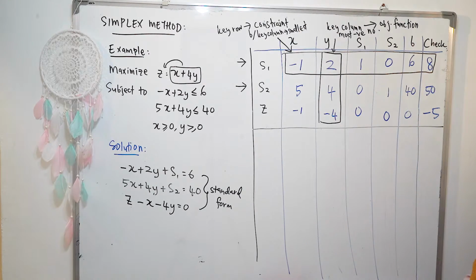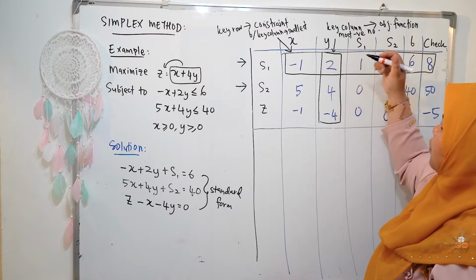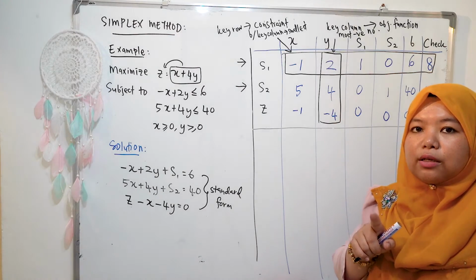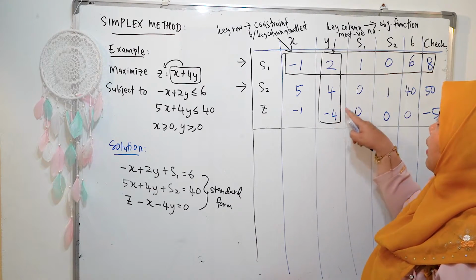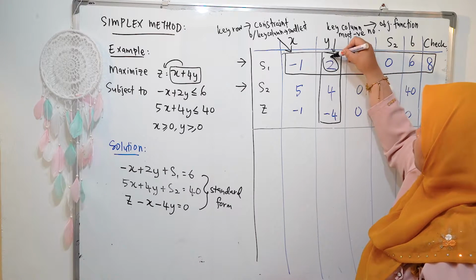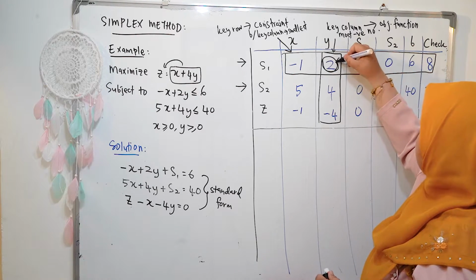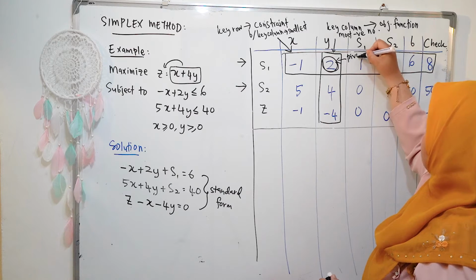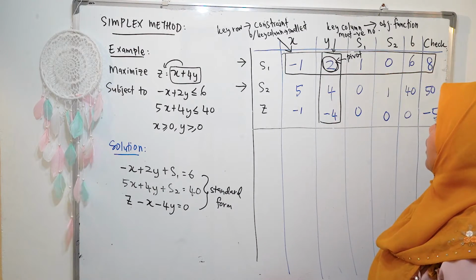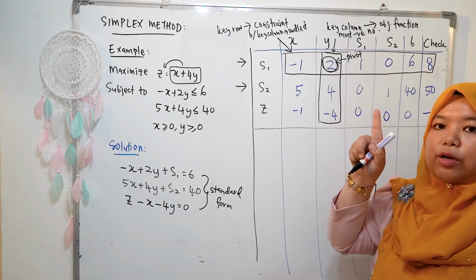After we identify the key column and key row, we see one number that is in both the key column and key row, which is 2. This number we call the pivot. For the next step, we have to make the pivot number 1.